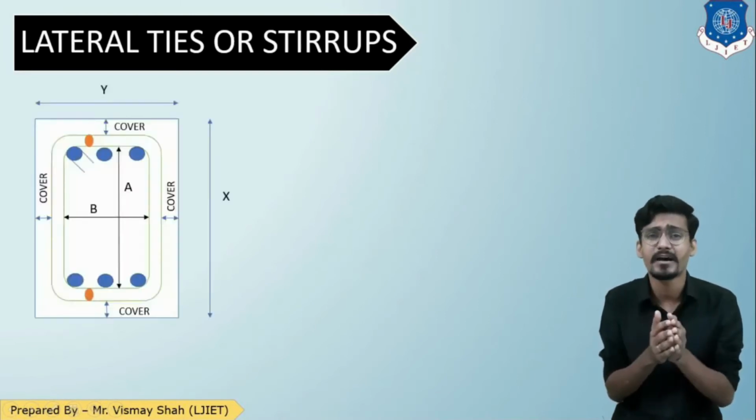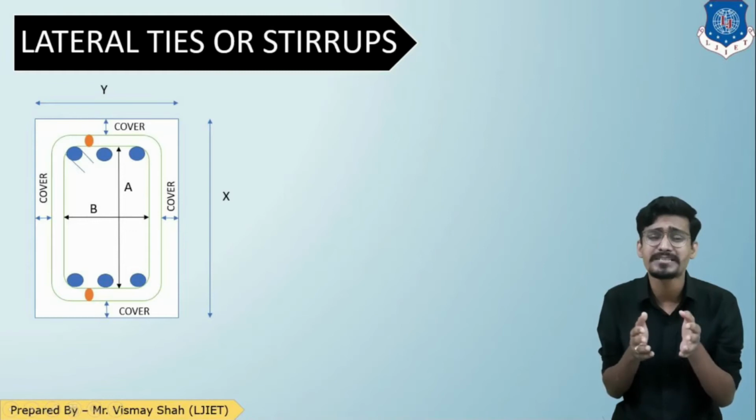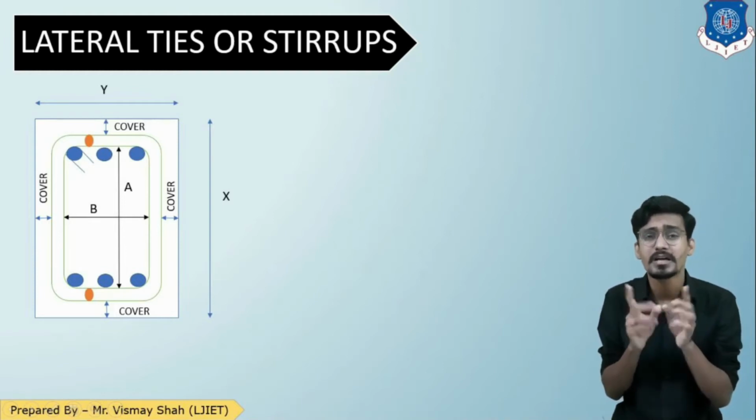As you can see in the figure, I have shown a beam or a column, whatever you want to call it, with total dimension x cross y. It is common sense that reinforcement is provided after leaving out the cover distance.